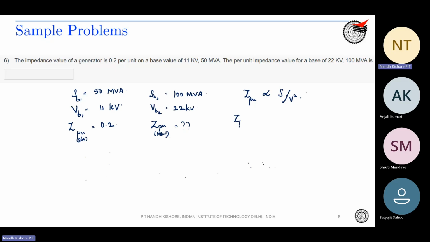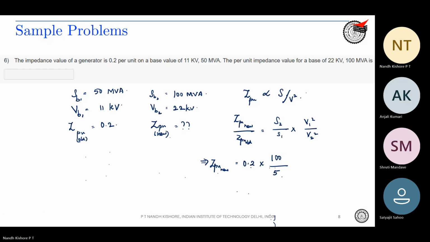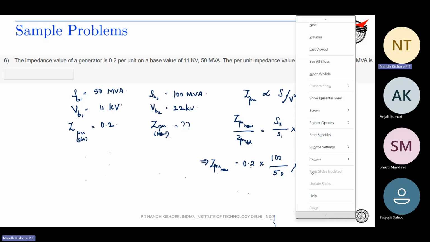Therefore, what you see is that ZPU new over ZPU old is going to be S2 divided by S1 into V1 square divided by V2 square, which means that your ZPU new is equal to 0.2 into S2 is 100 MVA divided by S1 is 50, into V1 is 11 square divided by V2 is 22 square.